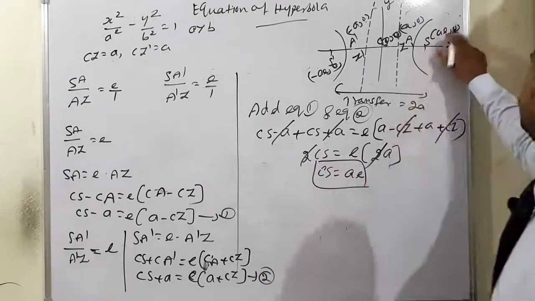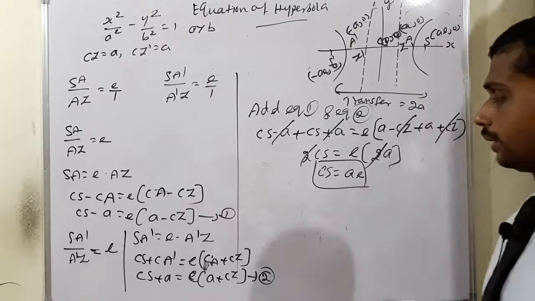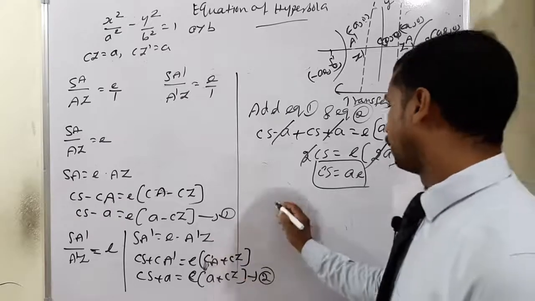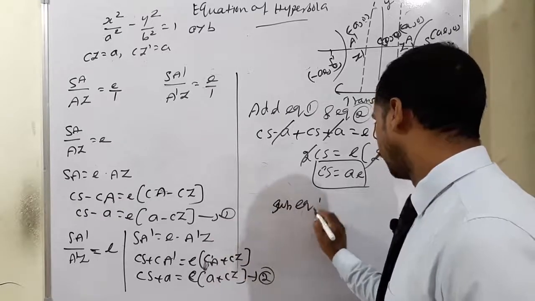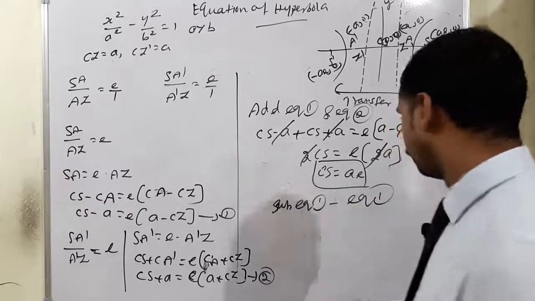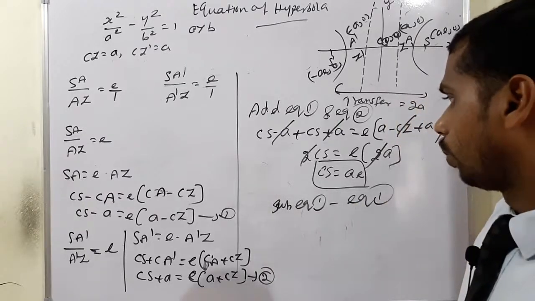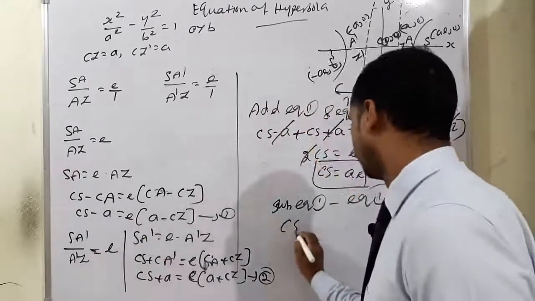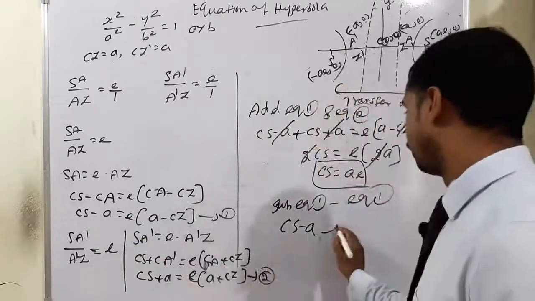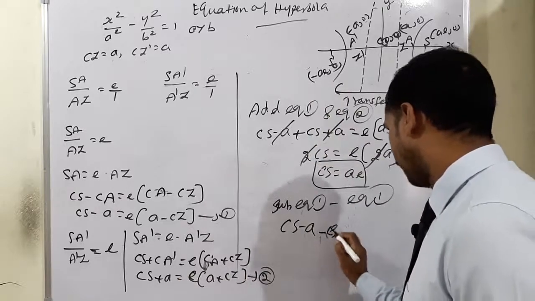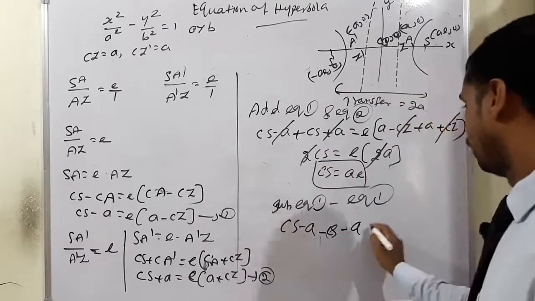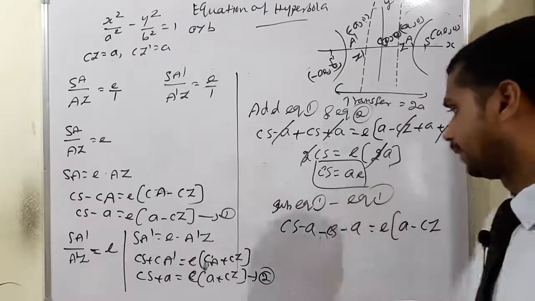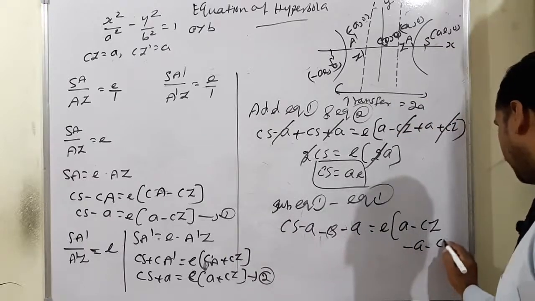We already know S, the focus, is the point AE, 0. Now subtract equation 1 minus equation 2. CS minus A minus CS minus A is equal to E common, A minus CZ minus A minus CZ.